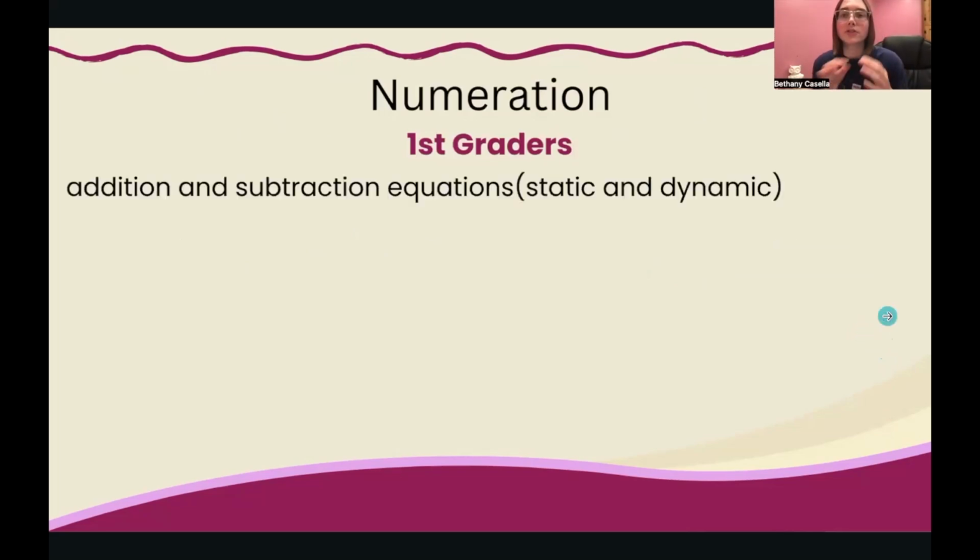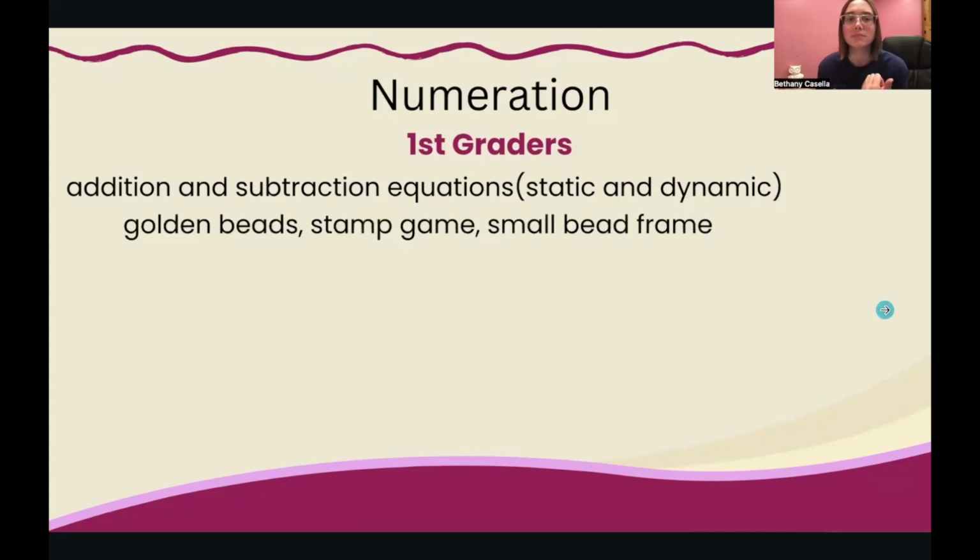So for first grade numeration, it's addition and subtraction equations, both static, meaning non-carrying, or dynamic with carrying. And how we teach that in Montessori is using the golden beads, the stamp game, and the small bead frames. Sometimes I show them with the golden beads the different ways to do it.